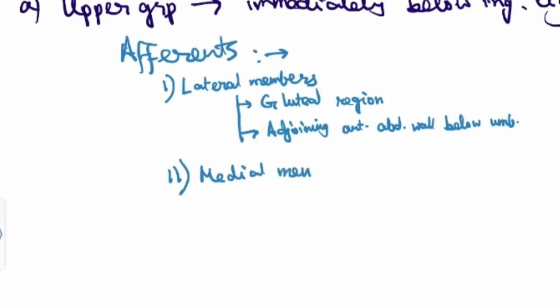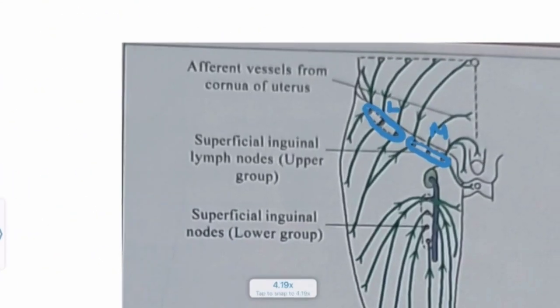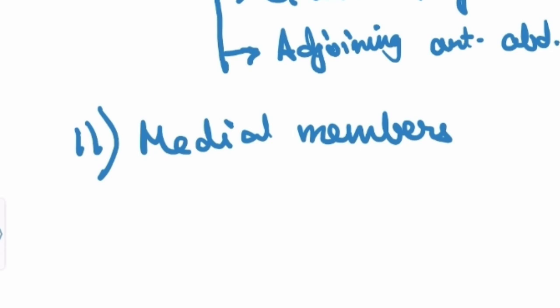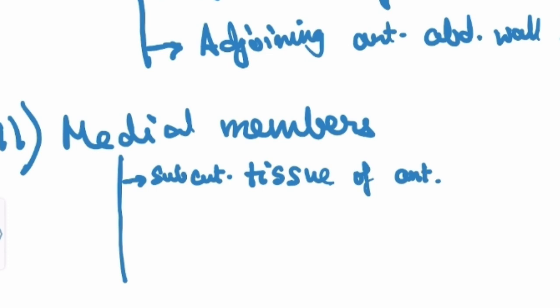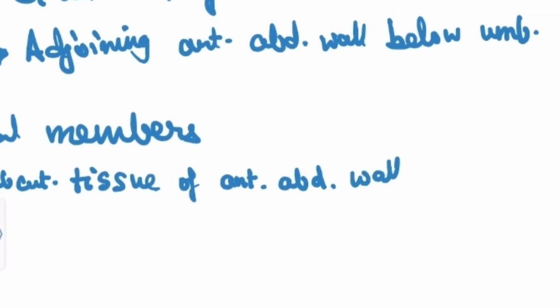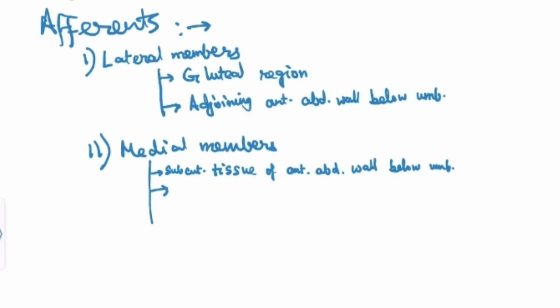Now the medial members. So we are talking about these over here. Medial members receive from the subcutaneous tissue of the anterior abdominal wall below the umbilicus. Same point.